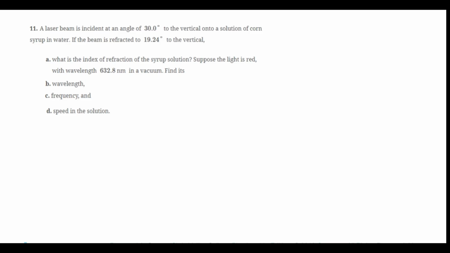So basically, first we need to calculate the index of refraction. So we have here the 2 media, right? So we have one medium here that is the air, and we have the other medium that is the solution.